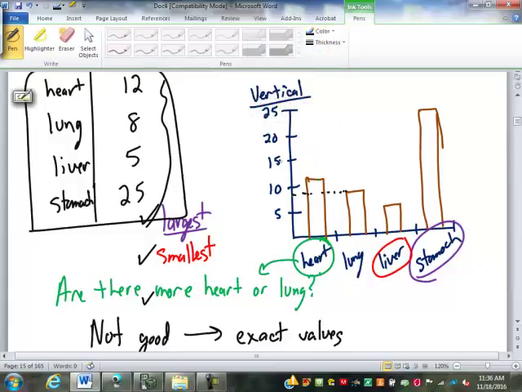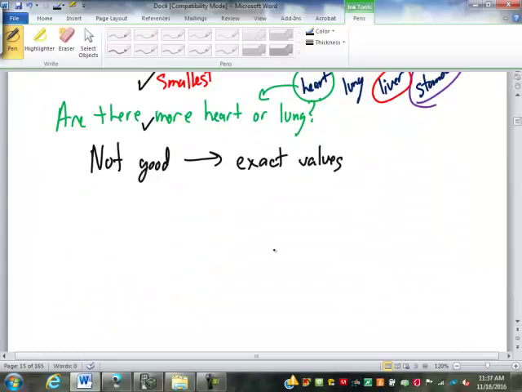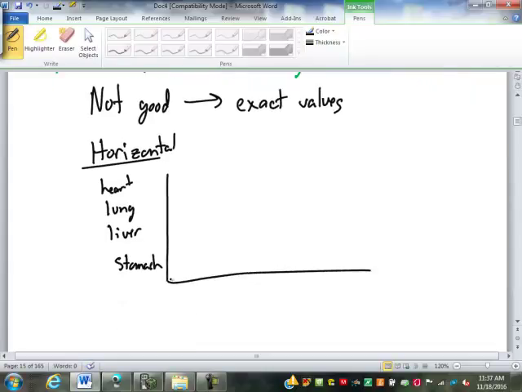Now I said this was a vertical bar graph, which implies that there is a horizontal style bar graph. And a horizontal bar graph is just the same graph turned on its side. The categories are now on the left side here. Heart, lung, liver, and stomach. And numbered across the bottom here.